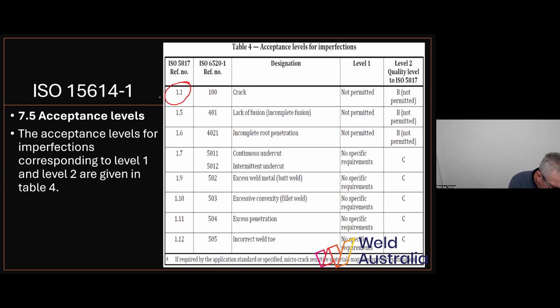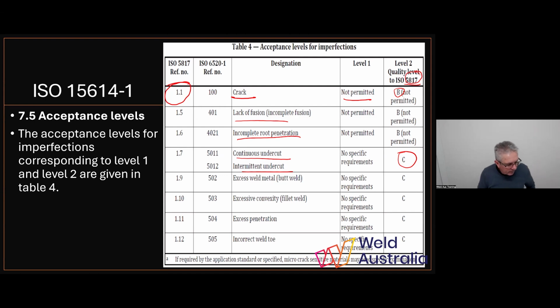So you could look 1.1, it'll talk about crack, all right? And it says level 1, not permitted, level 2, which is category B in 5817, okay? It's saying it's not permitted. So lack of fusion, incomplete penetration, continuous undercut, intermediate, it's level C in 5817, okay?